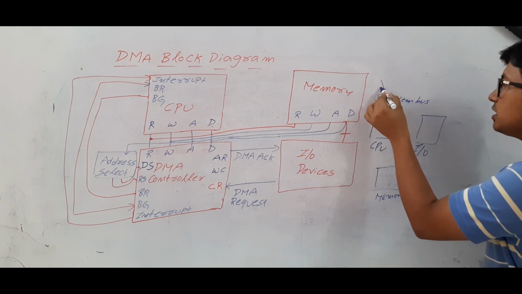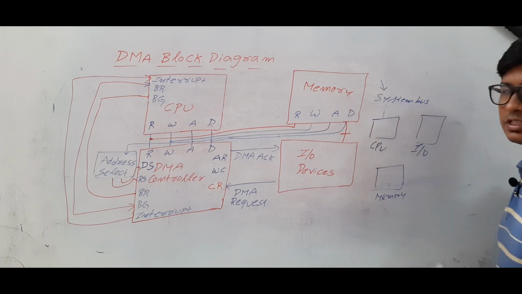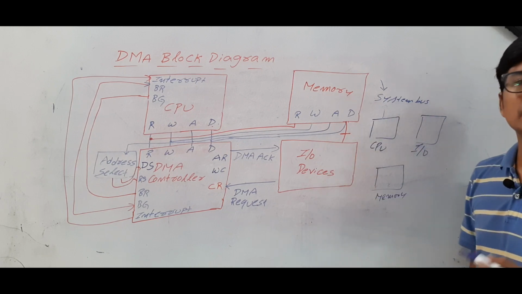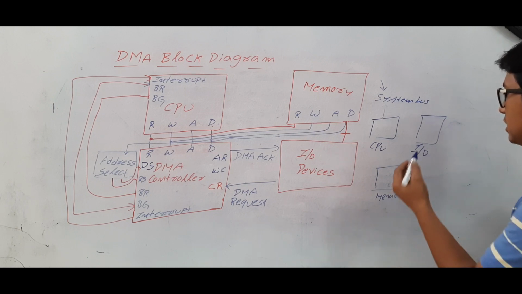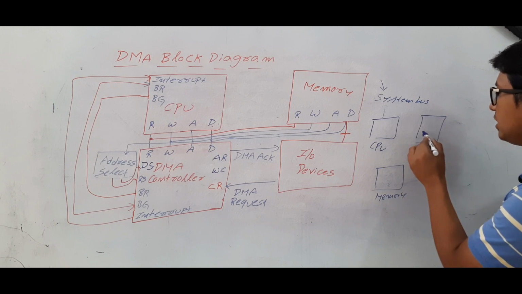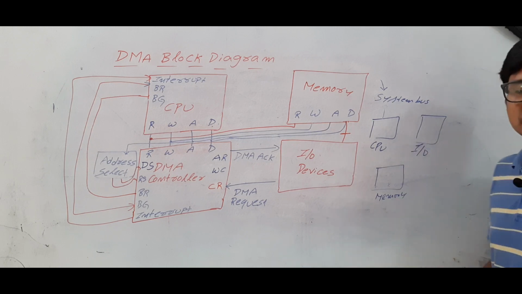As everyone knows, the system bus is under the control of the CPU. That's why we call the CPU the bus master. That's why in programmed I/O and interrupt driven I/O, if data needs to be transferred between the I/O device and memory, CPU intervention is there.